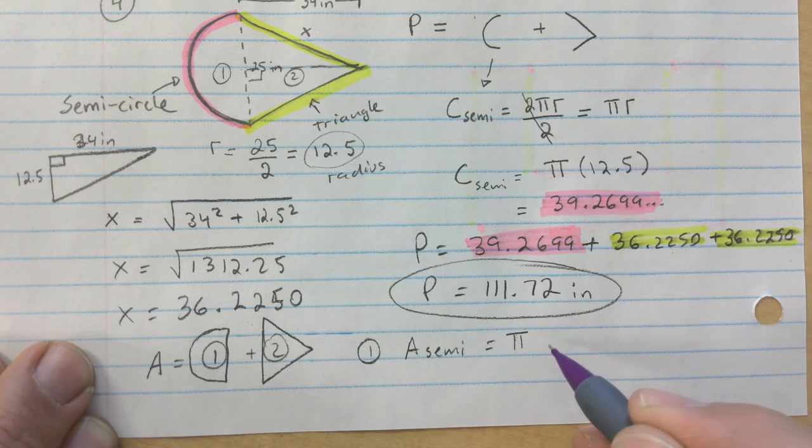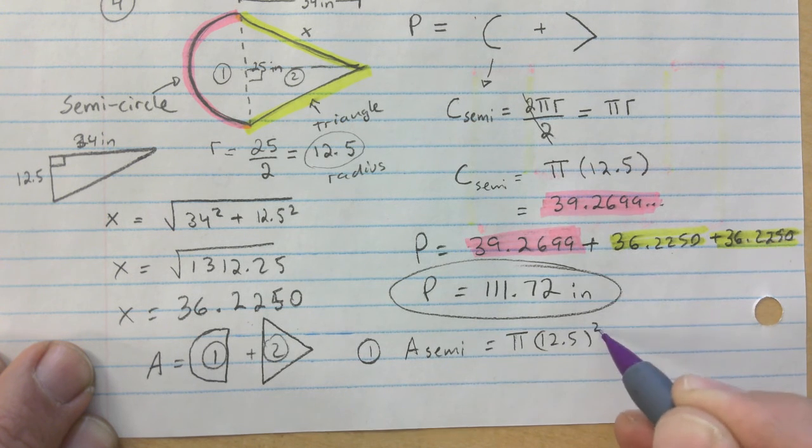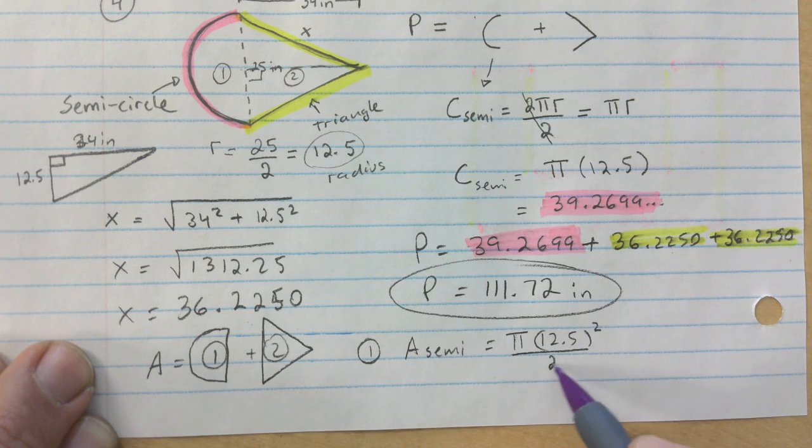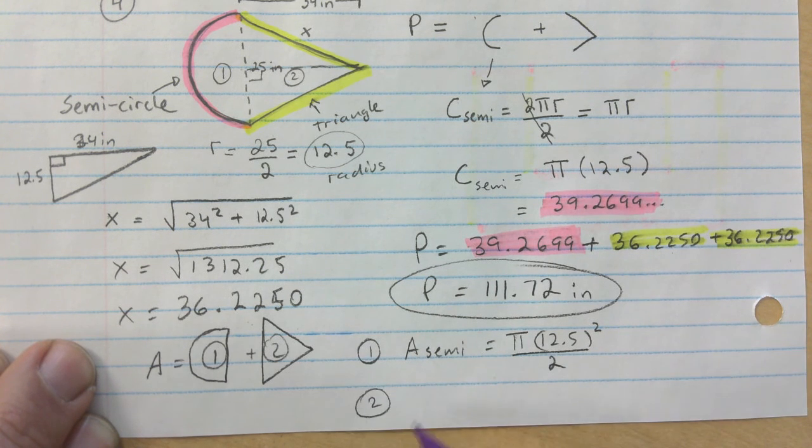It's pi times radius squared divided by 2. And the second one, the area of the triangle, would be base, which is 25, times the height, which is 34, divided by 2. That's just because every triangle is always divided by 2.